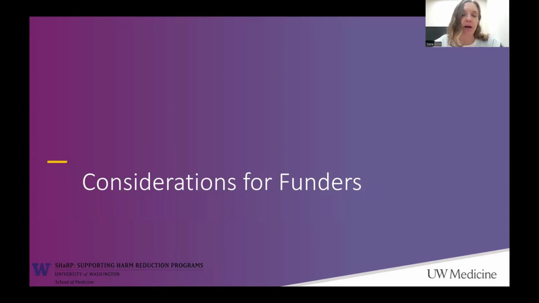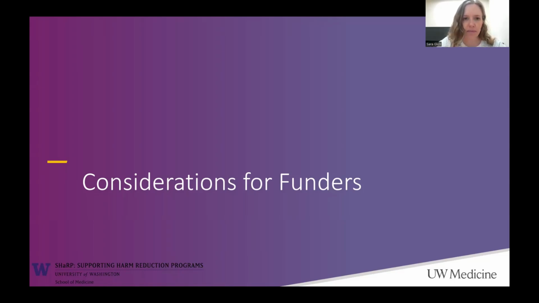It comes from some really rich discussion that we had during our in-person convening that informed these indicators. And then also from what we heard during the series of Sharp Salons that we hosted, which was a series of 3 webinars where we talked with a lot of folks who work in harm reduction and listened to some of their ideas and concerns about implementation.